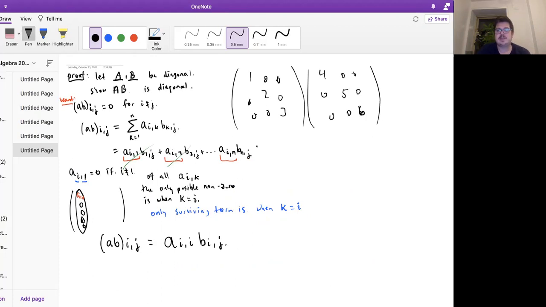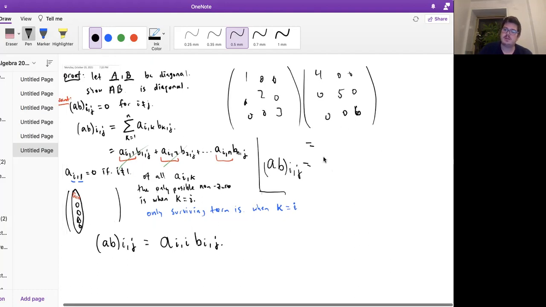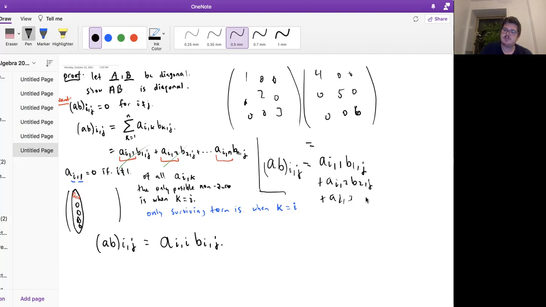All right, so for the first entry in the result, we know (AB)ij is equal to ai1 b1j plus ai2 b2j plus ai3 b3j.